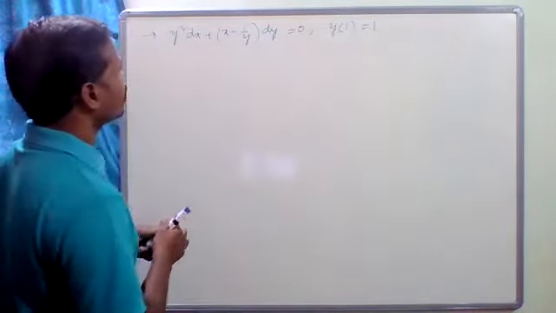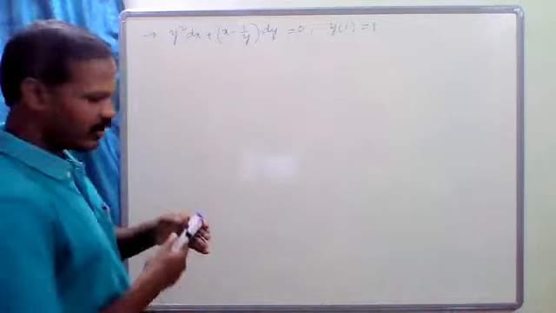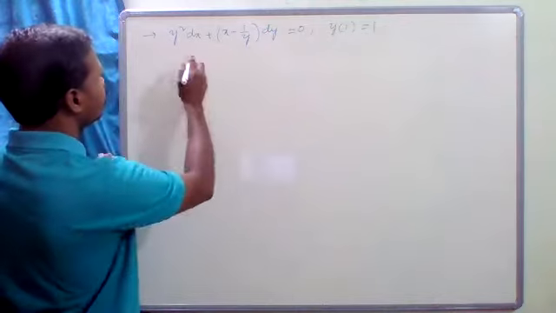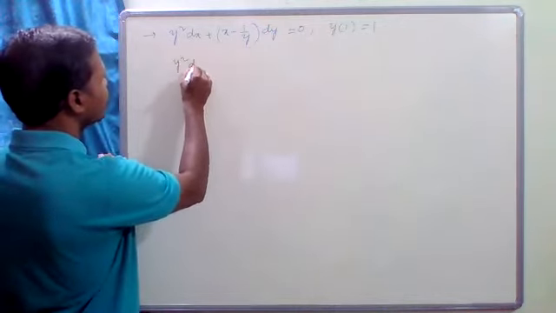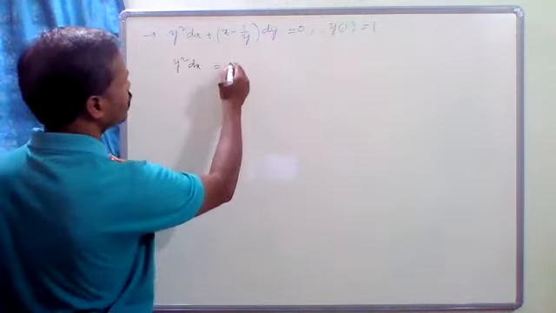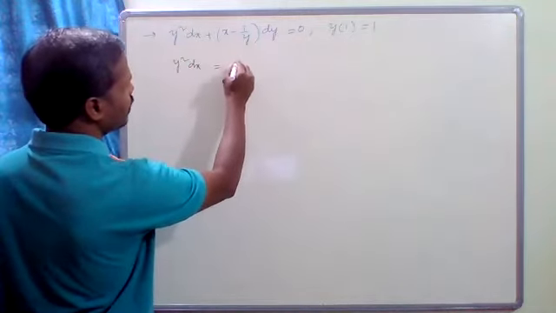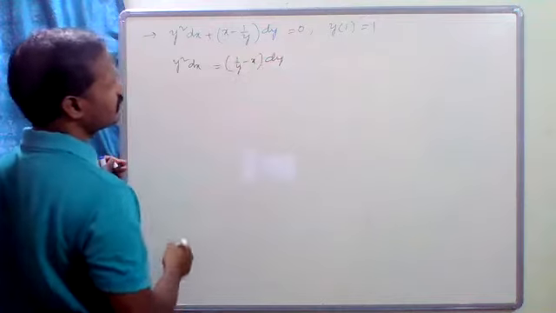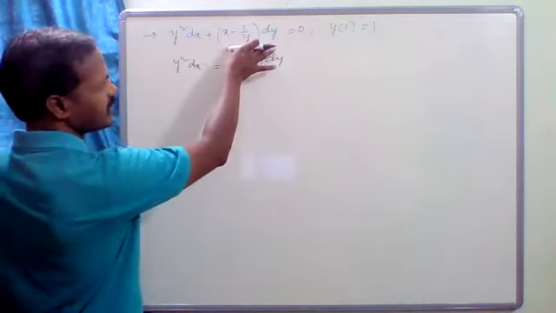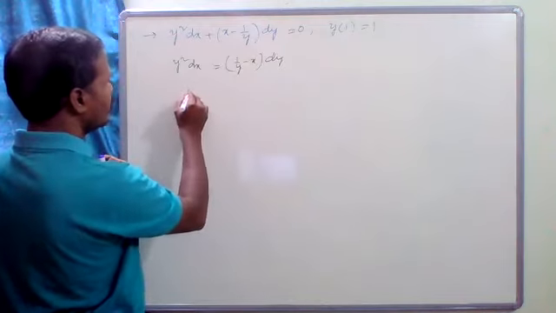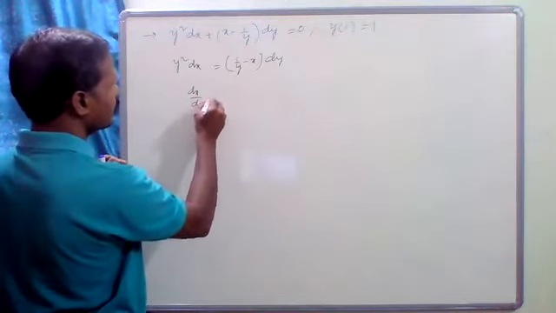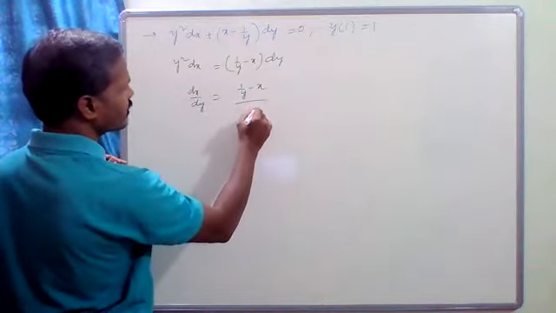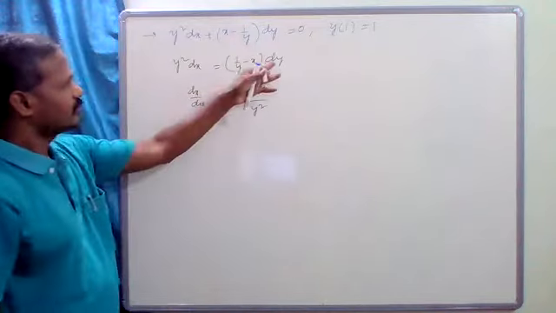So you have to write the dx by dy formula. y square dx equal to 1 by y minus x into dy. Send this term to the right side. Now dx by dy equal to 1 by y minus x by y square.